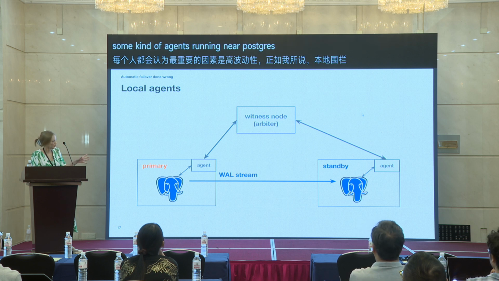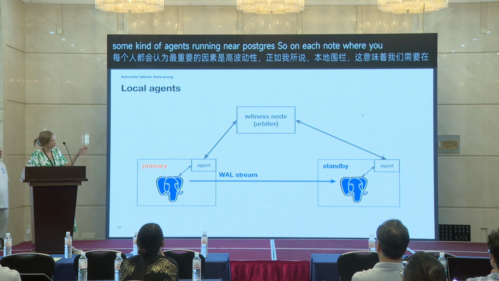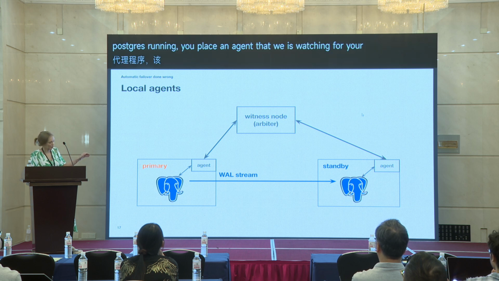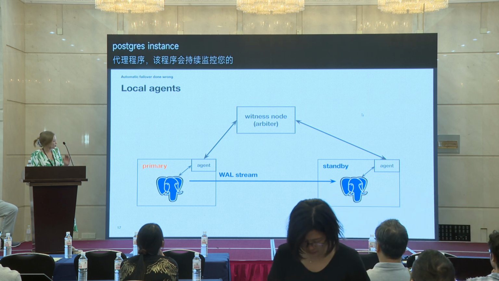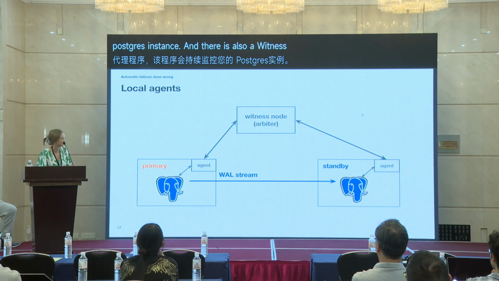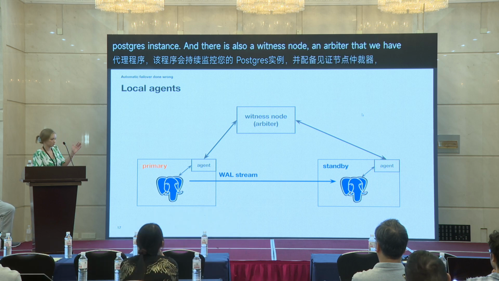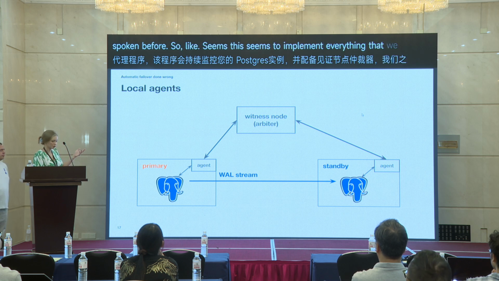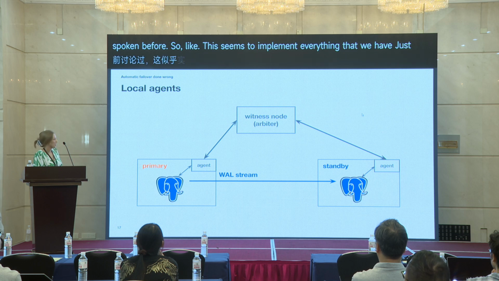So on each node where you have Postgres running, you place an agent that is watching your Postgres instance. And there is also a witness node, an arbiter that we have spoken about before. This seems to implement everything that we have just talked about, all the main points.